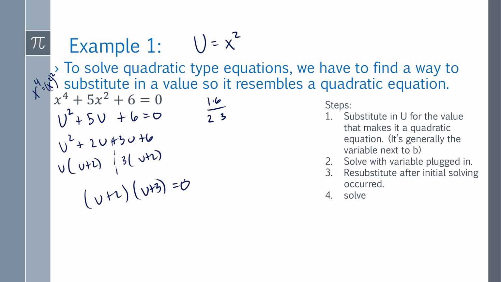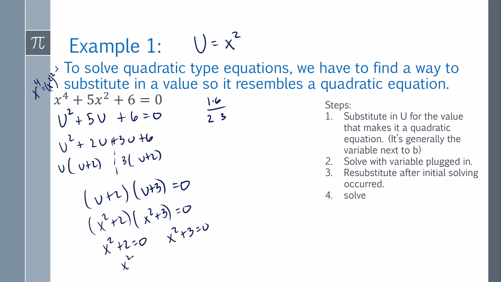Now we're not solving for u, we're solving for x. So once you get to this point, once you applied what you needed to apply when it comes to quadratics, now we can resubstitute our u back in. So this is actually x squared plus 2 and x squared plus 3. So now the zero product principle, I can set each of these equal to 0.